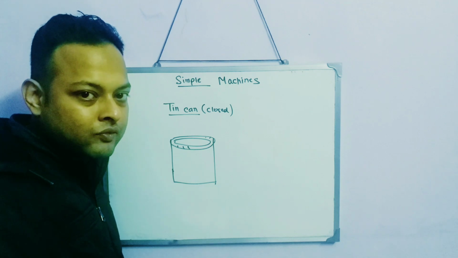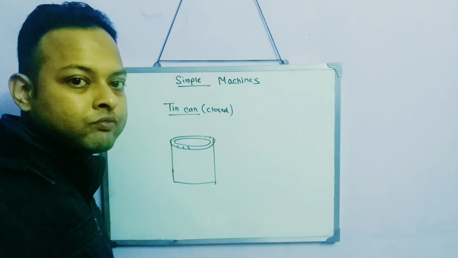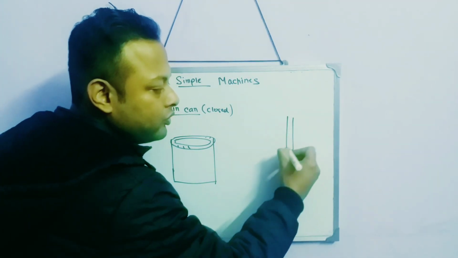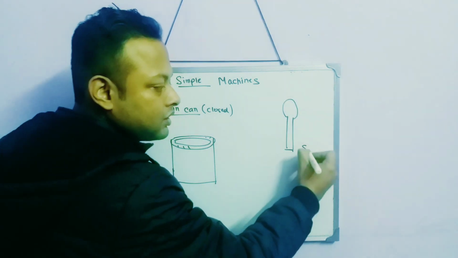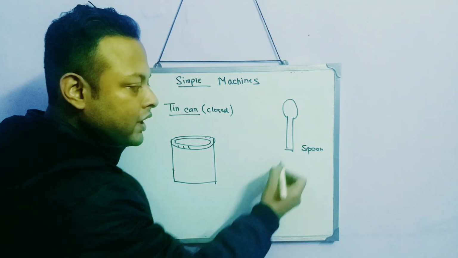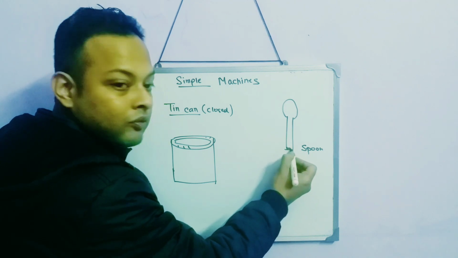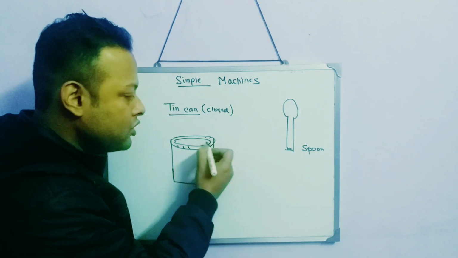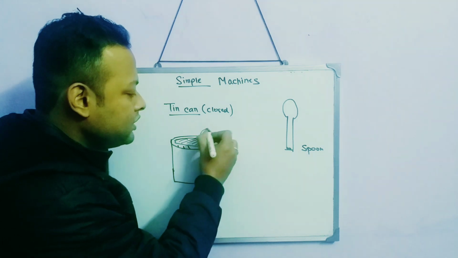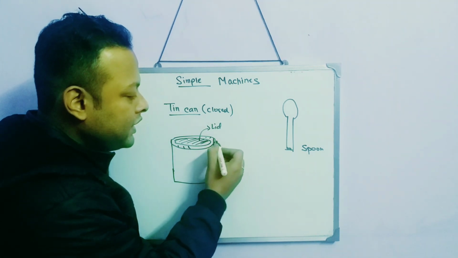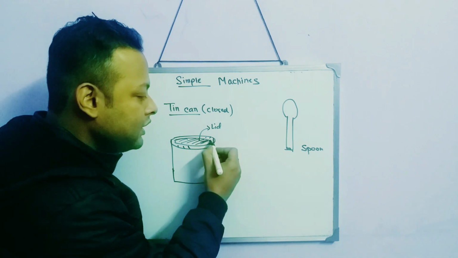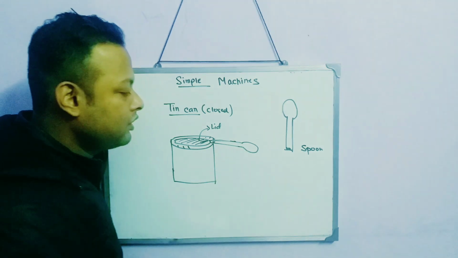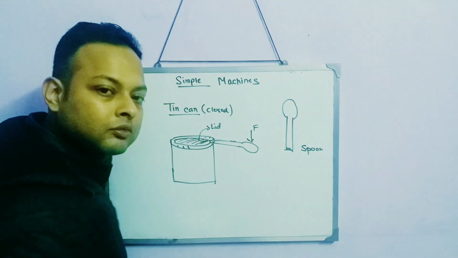So what you can do is take a spoon. I think all of you know what a spoon is. You take this end of the spoon and insert it between the lid and the edge, like this, and then you apply the force over here.